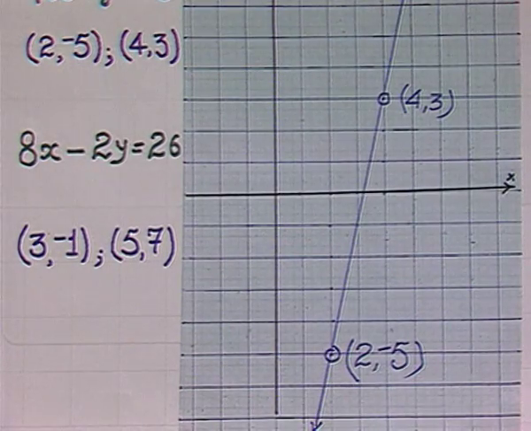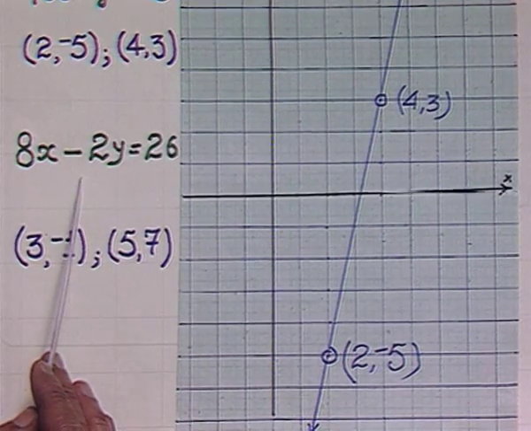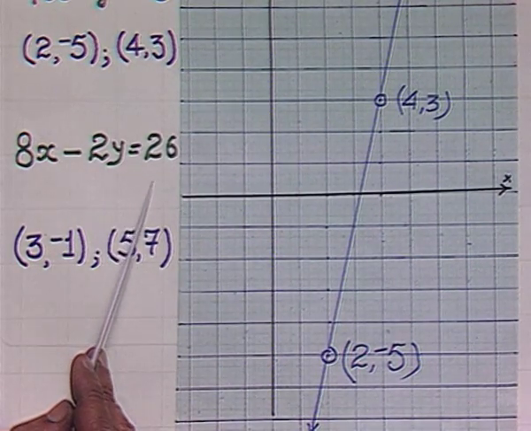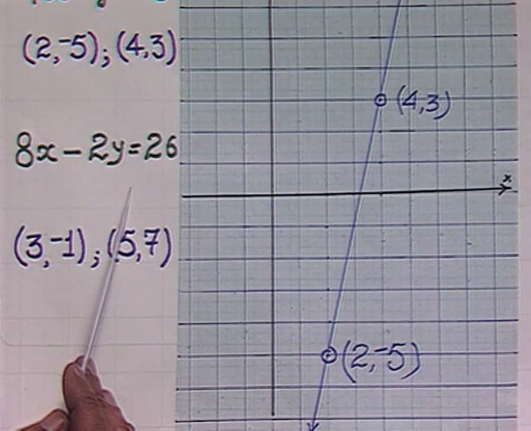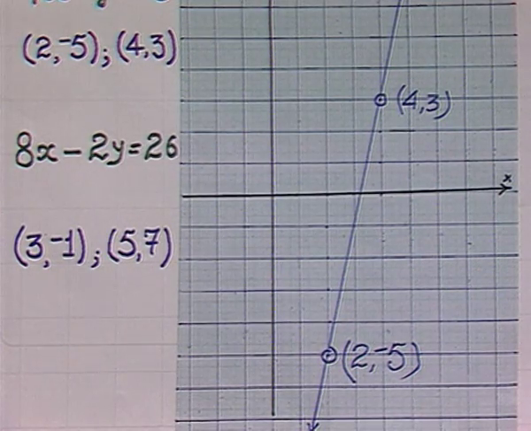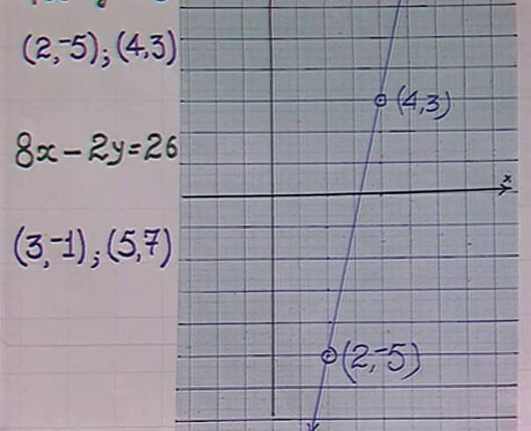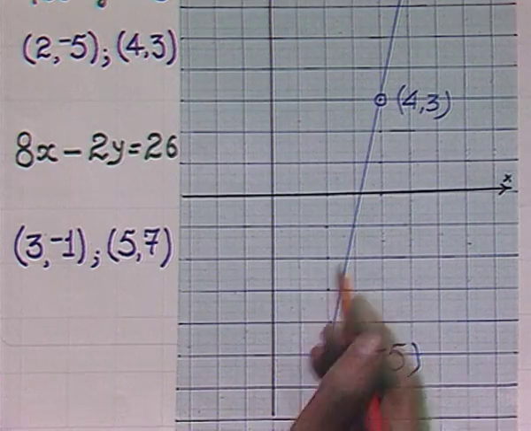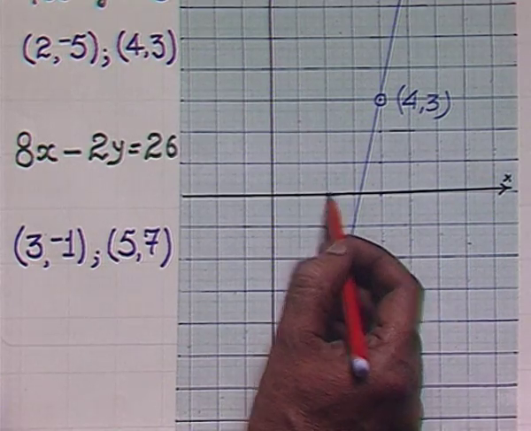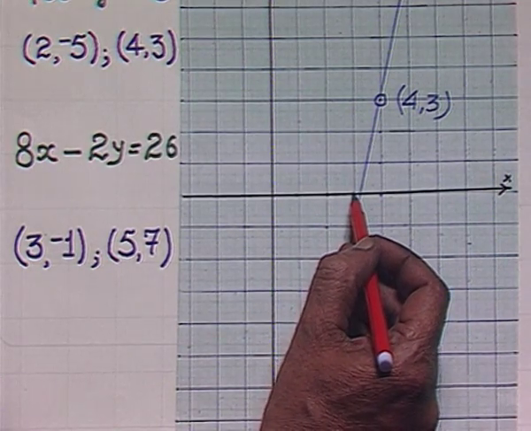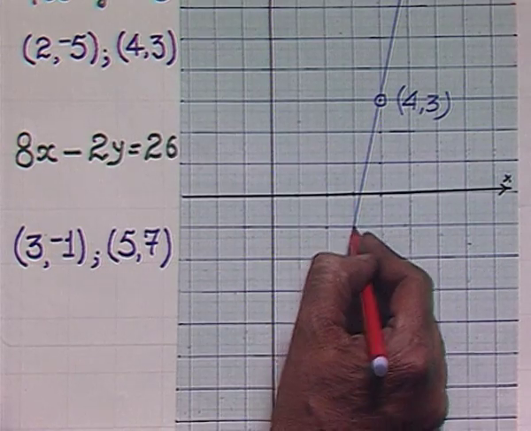Now, let us plot the points for the second equation. The second equation is 8x minus 2y equals 26 and the ordered pairs are (3, -1) and (5, 7). To plot (3, -1), this is 1, 2, 3 and minus 1 units I will move down, minus 1 is here.